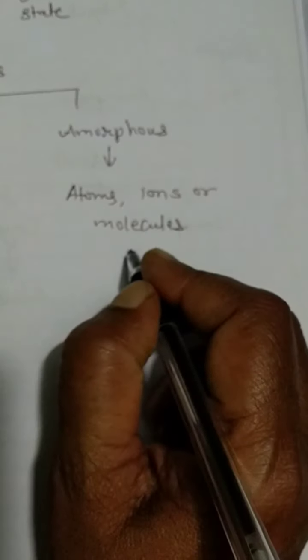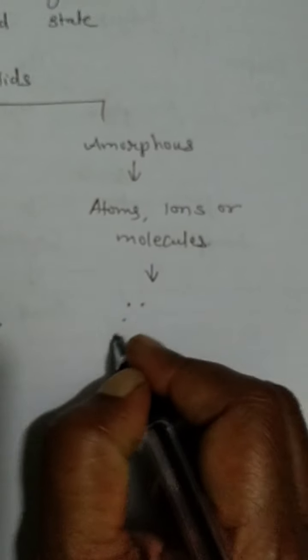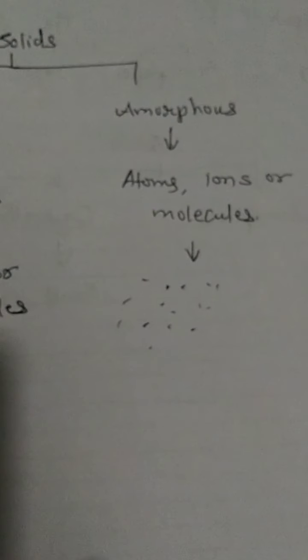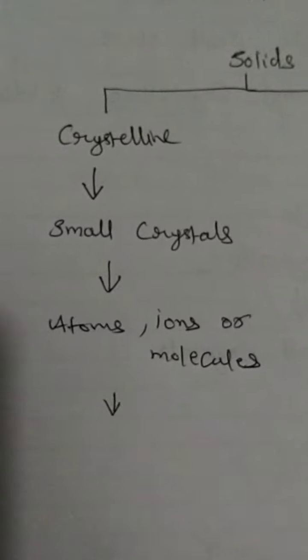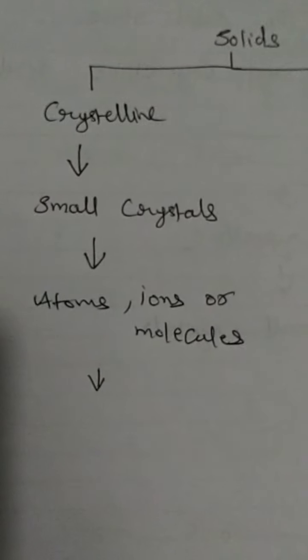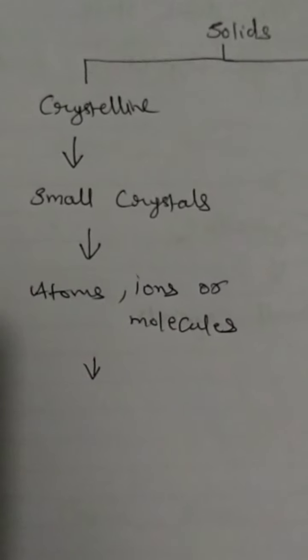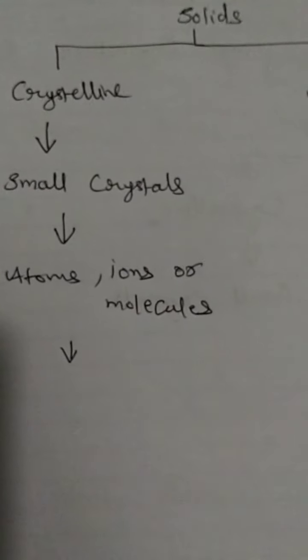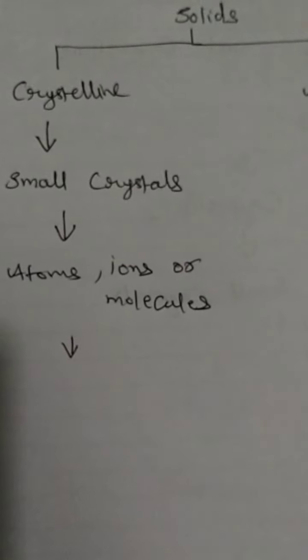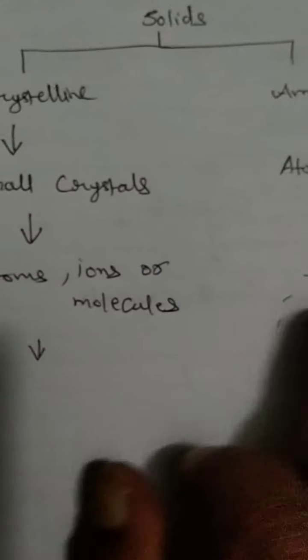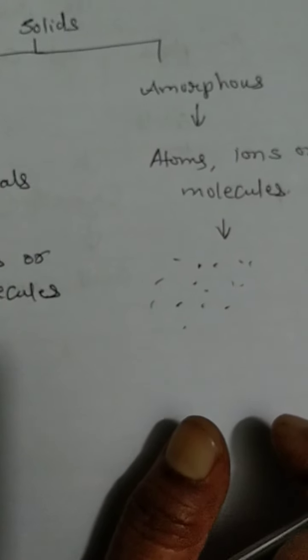Either atoms, ions or molecules, right? But in amorphous solids, these atoms, ions or molecules are randomly arranged. There is a random arrangement. But in a crystalline solid, these atoms, ions or molecules are arranged in a definite pattern. So this is actually the basic difference between crystalline solid and amorphous solid.